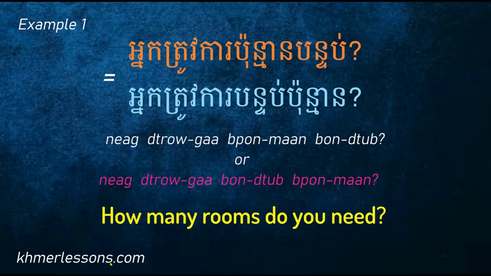And another option, you can say អ្នកត្រូវការបន្ទប់ប៉ុន្មាន. So ប៉ុន្មាន comes after room. So both work ណា, and the word ត្រូវការ is to need. One more time: អ្នកត្រូវការប៉ុន្មានបន្ទប់ or អ្នកត្រូវការបន្ទប់ប៉ុន្មាន, the same.